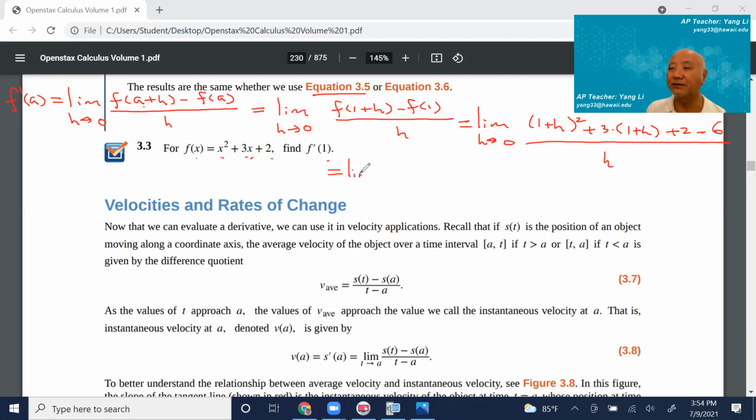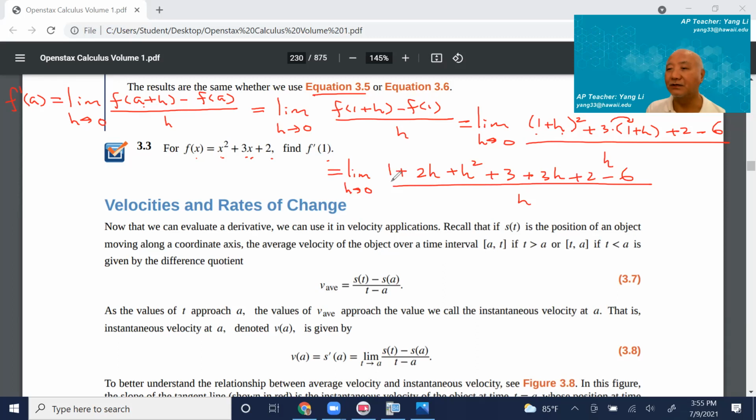We still keep the limit here, as h approaches 0. For the top part, use FOIL or the formula: 1 squared, still 1, plus this one times this one doubled, that'll be 2h, and plus h squared. And then for this one here, you go 3 plus 3h and plus 2 minus 6 over h, right?